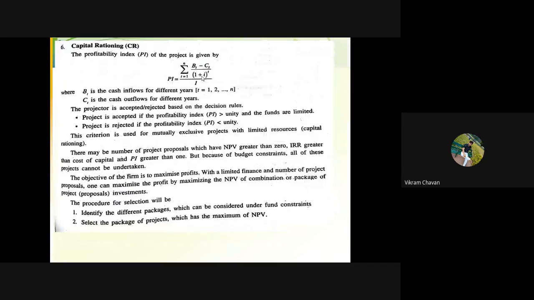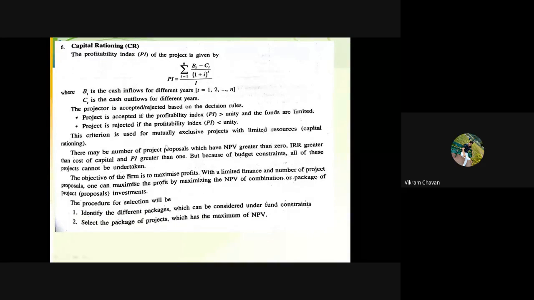Shall we move ahead? So next, in this same point, we can cover another criterion, that is the profitability index. Just note down the formula. Whether the screen is visible to everyone.